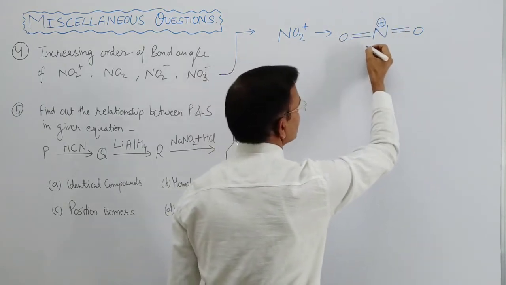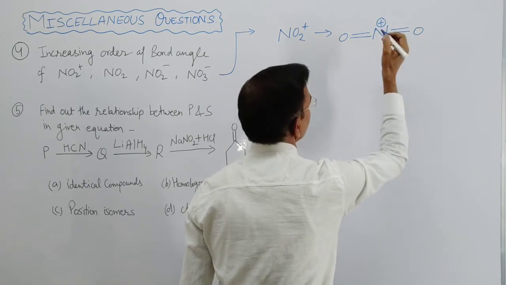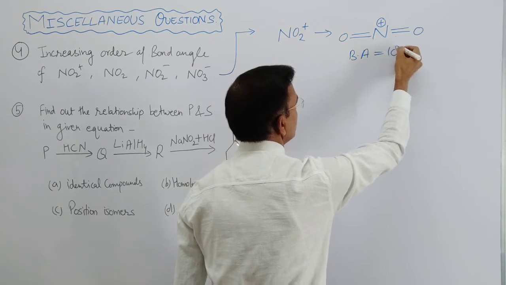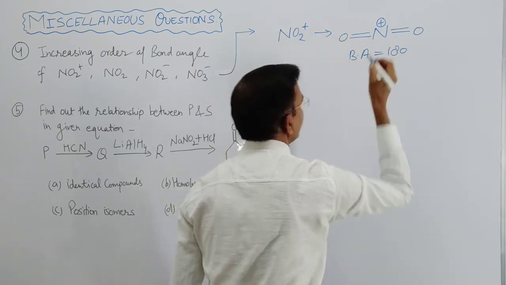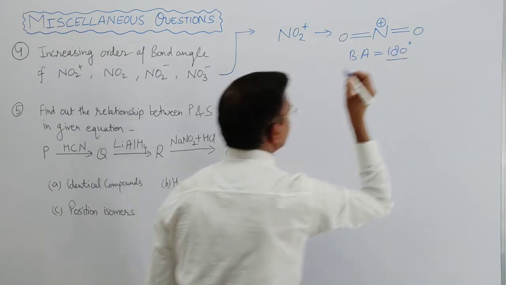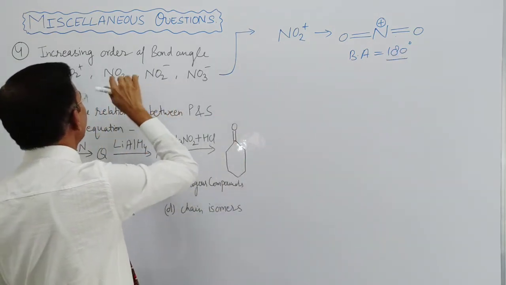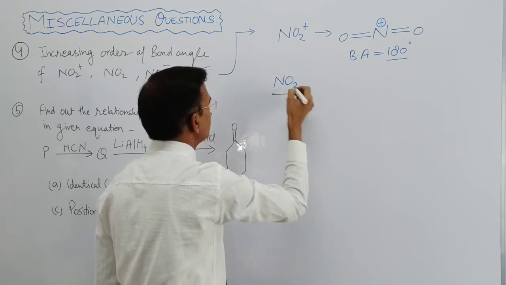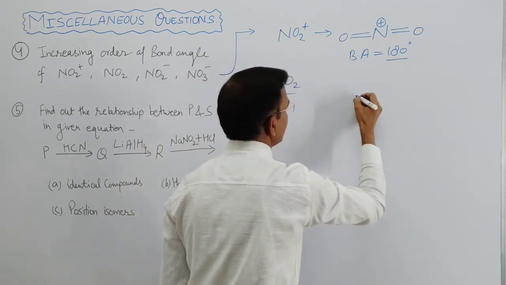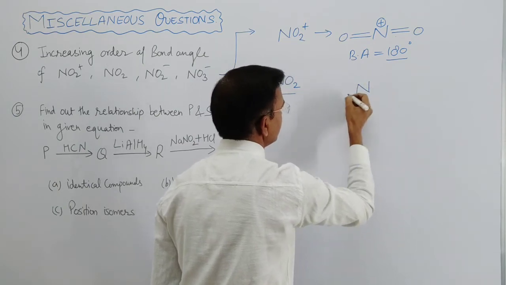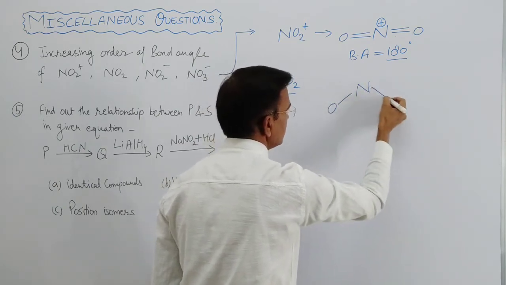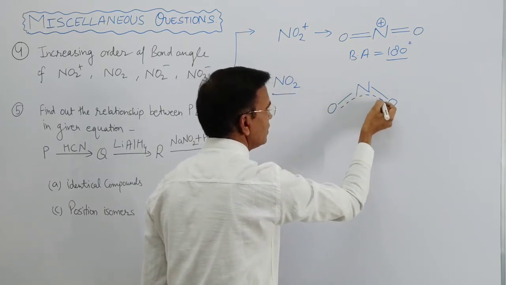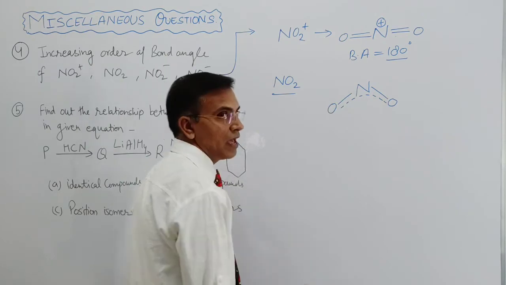It is a linear structure, and the bond angle is 180 degrees. Now the second species is NO2. NO2 is N with oxygen, and the double bond is delocalized between the 2 oxygen atoms. This is the NO2 structure.